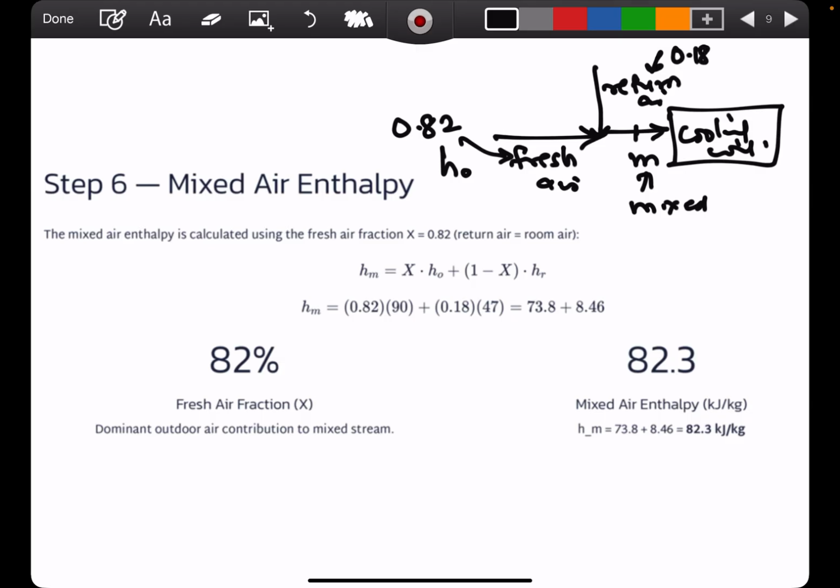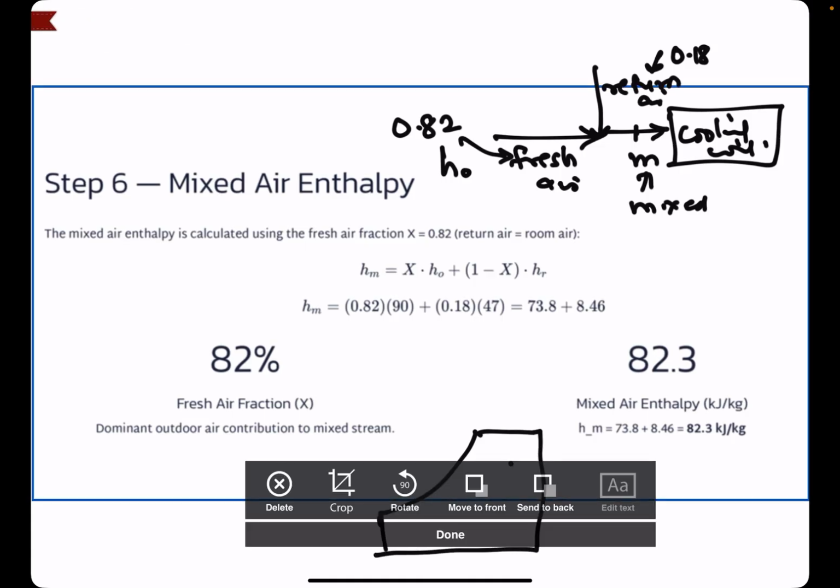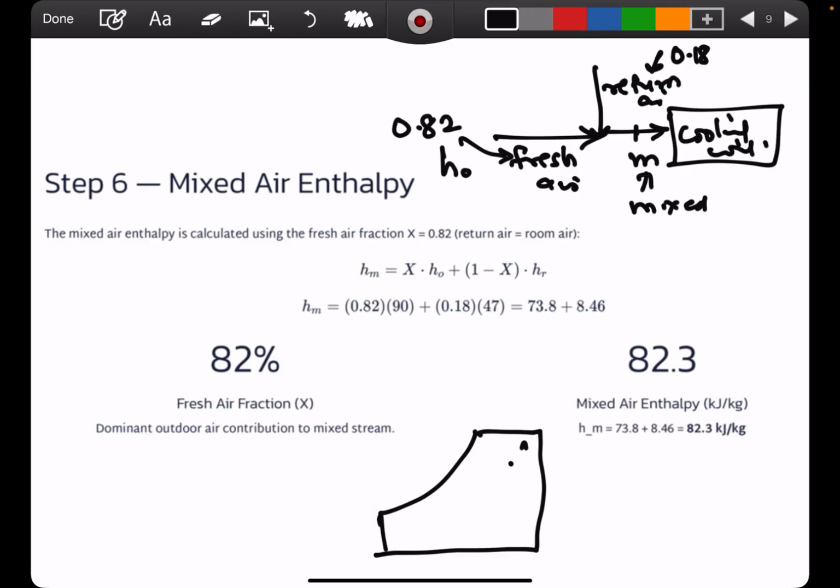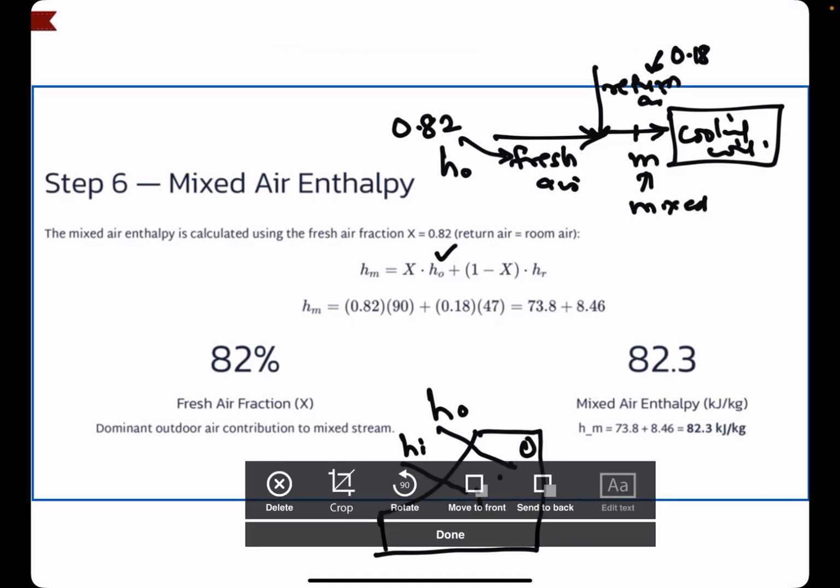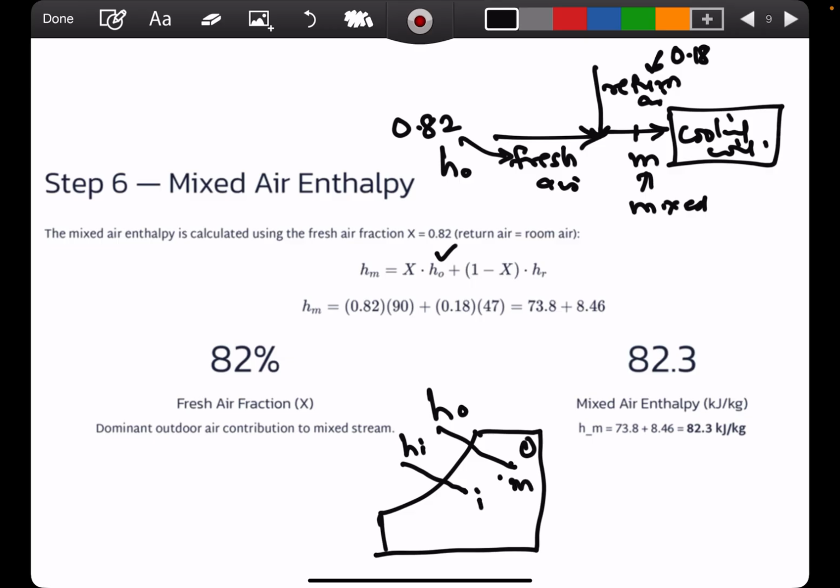So you can find the enthalpy of this return air from the psychrometric chart. So how do you find this? On the psychrometric chart, you have already plotted the point O, and you have already plotted the point I. So you can read the corresponding enthalpy HO, and you can read the enthalpy HI, and you can find the state M. Okay, this M can be found out, right?